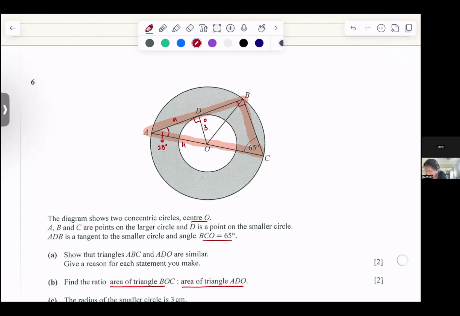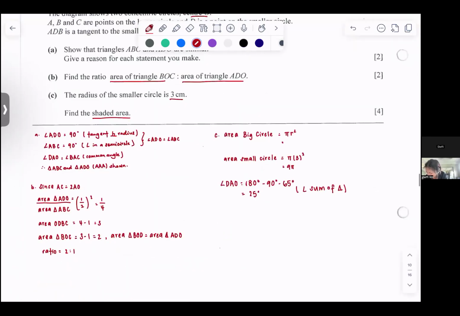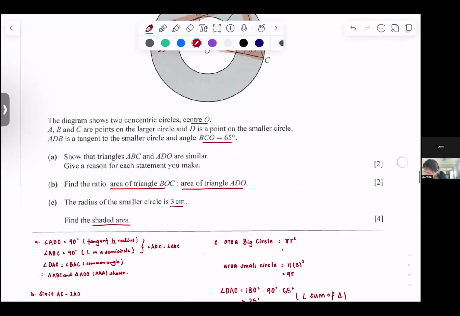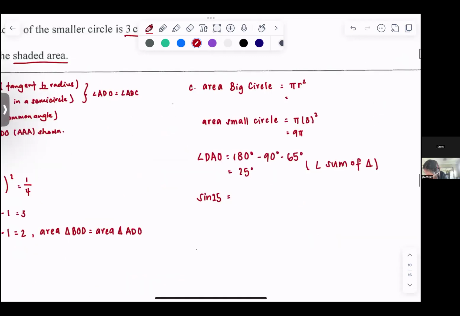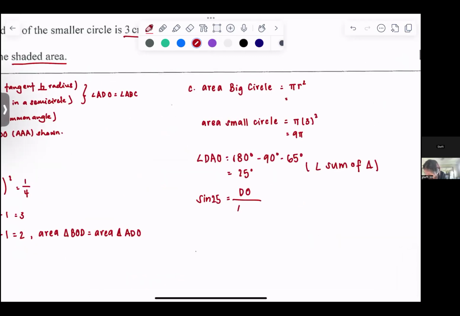So we need O and H, so we use sine. Sine 25 equals opposite over hypotenuse, which is 3 over AO. AO is the thing we want to find.